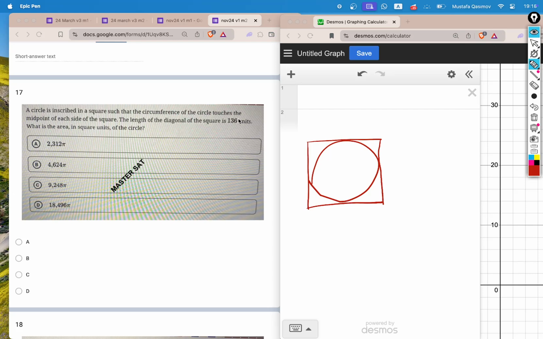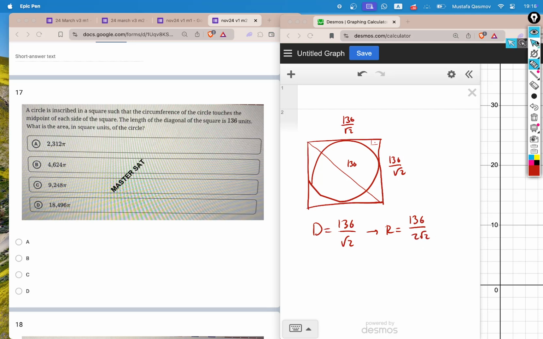It said diagonal is 136. Because this is a square, all sides are equal to each other, and also here are 90 degrees. It will be 136 over square root of 2. And from here we can say that diameter is equal to 136 over square root of 2, and radius is equal to 136 over 2 square root of 2.